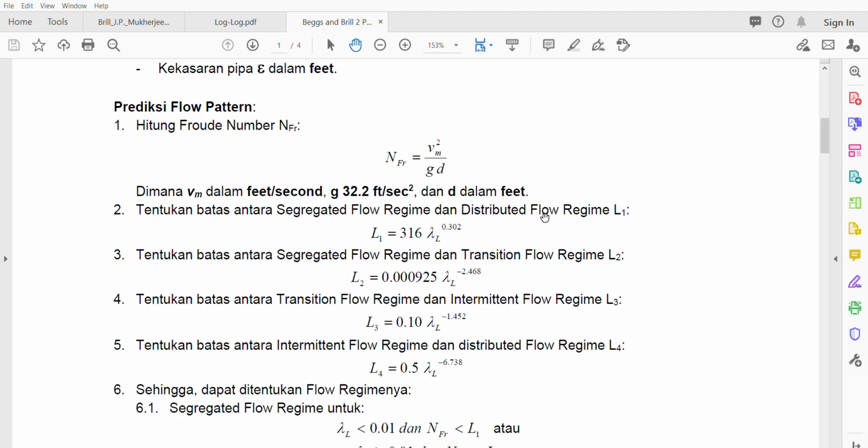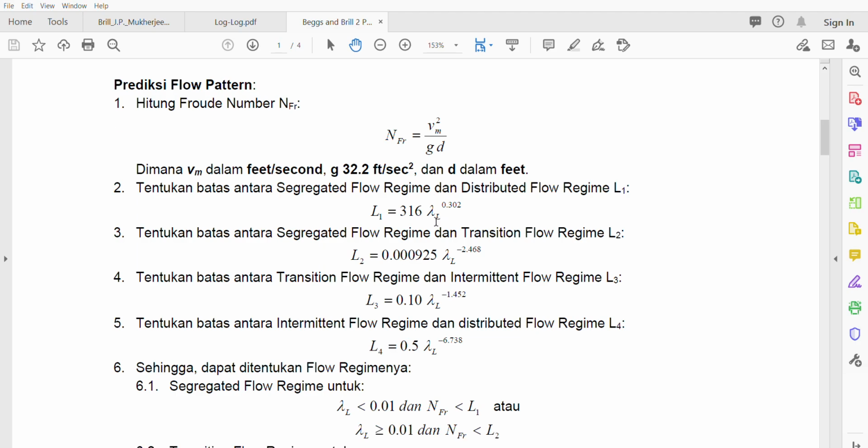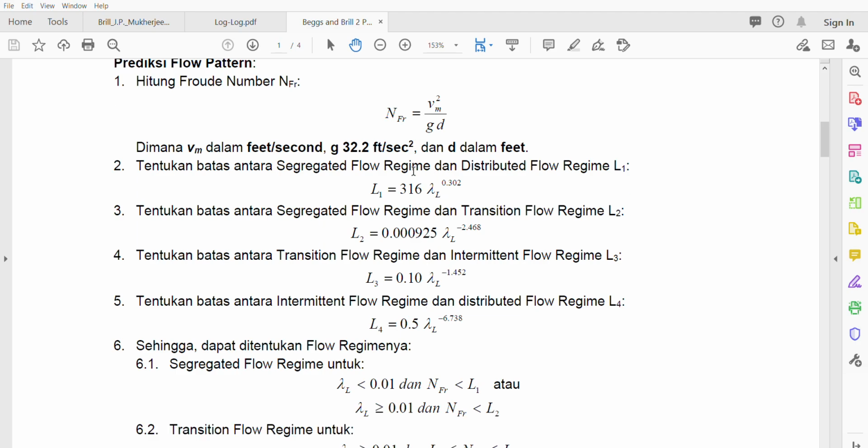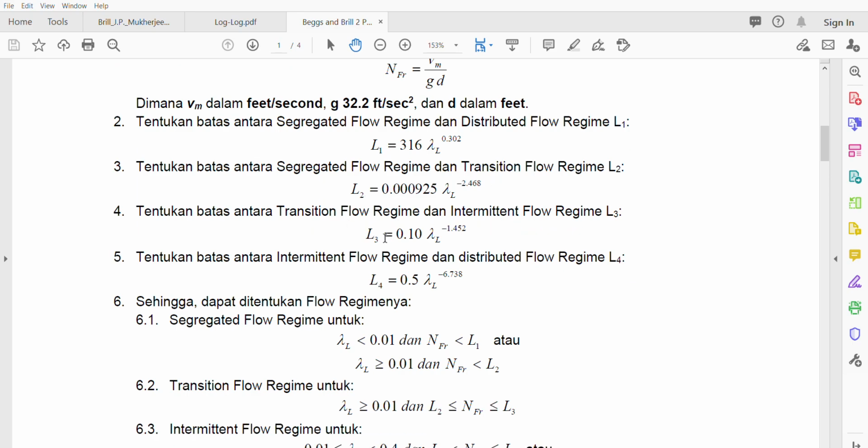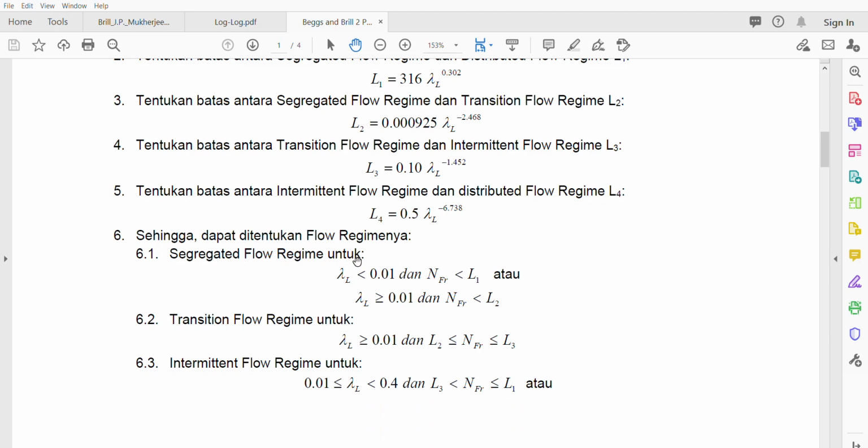This is what is mentioned here: L1, L2, L3, L4, where L1 is NFR equal to 316, etc. L2 is NFR equal to something, L3 is NFR equal to 0.1, etc., and L4 is NFR equal to 0.05, etc. So the segregated flow regime is simple actually.